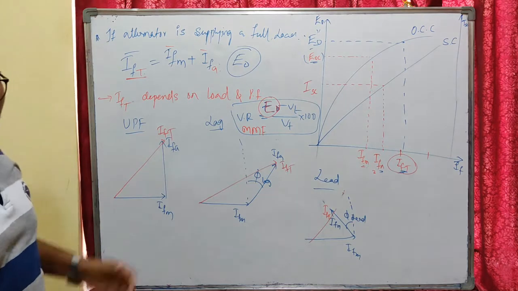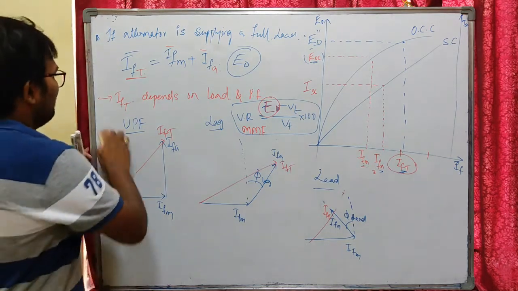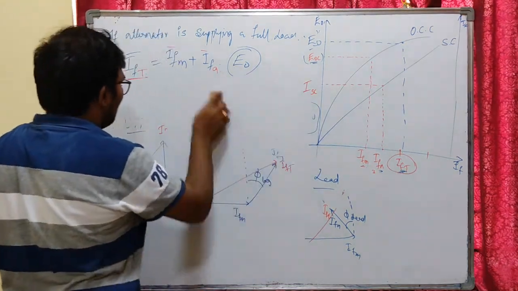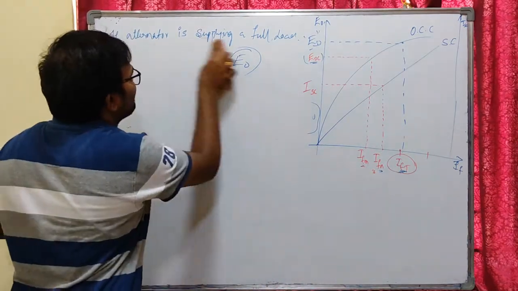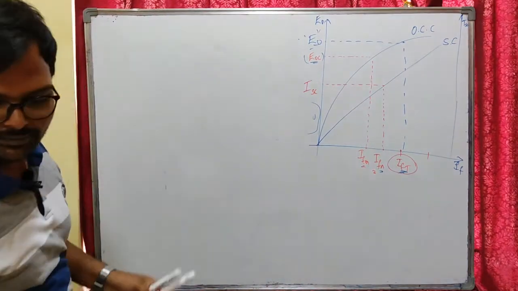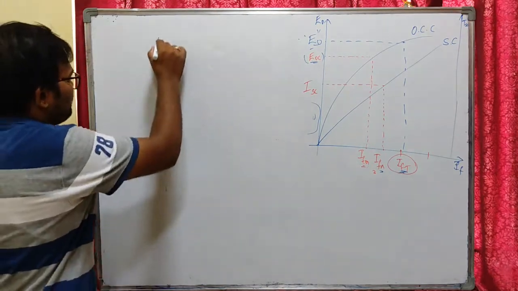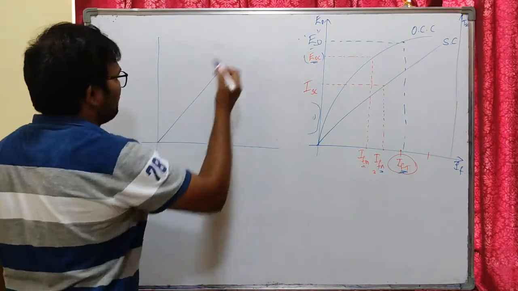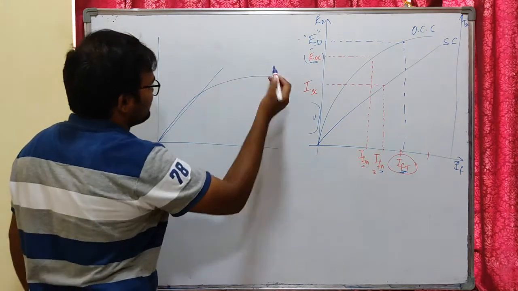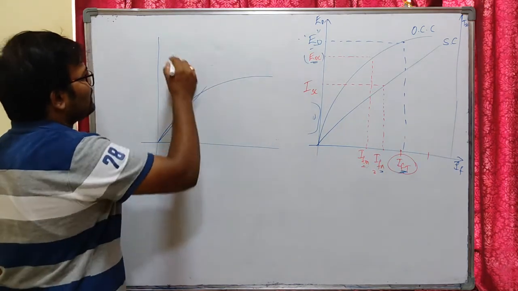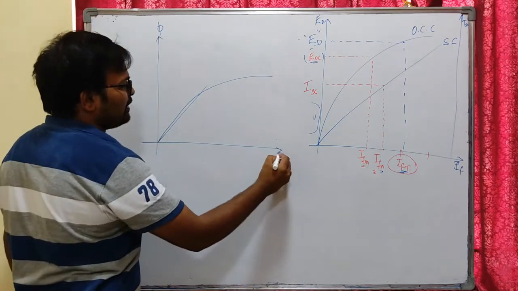But one thing here is, we take the value of E naught from the graph, but it may not be linear for a practical condition, because the short circuit condition we take for our method is linear, but practically it is not linear, it will be like this, okay. So let us draw the flux and field current waveform.